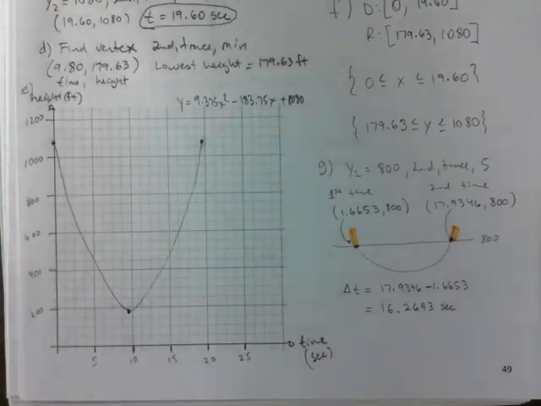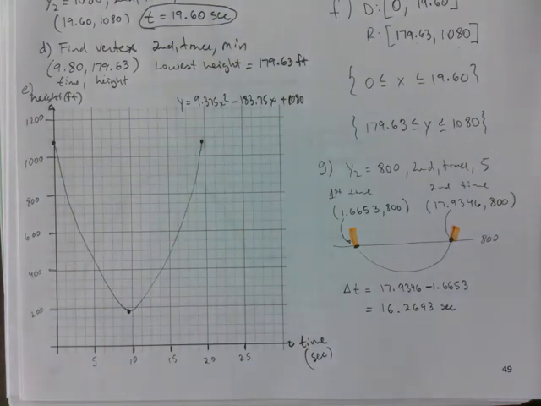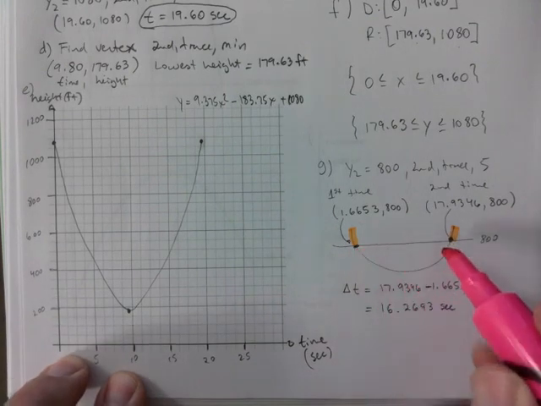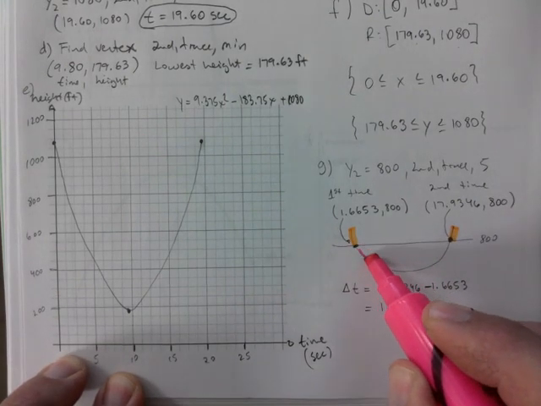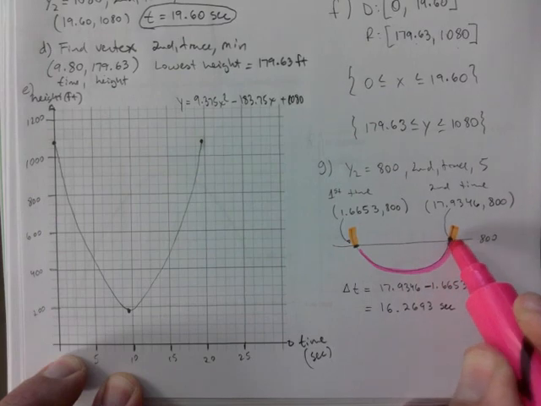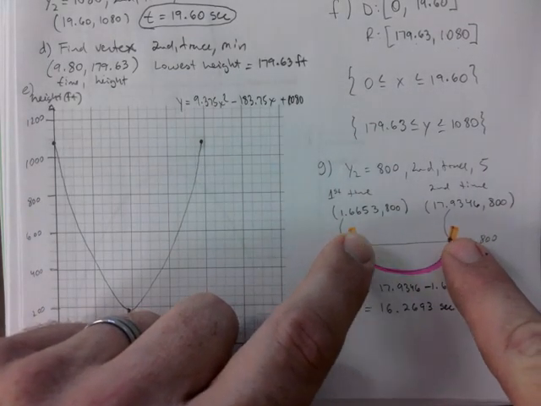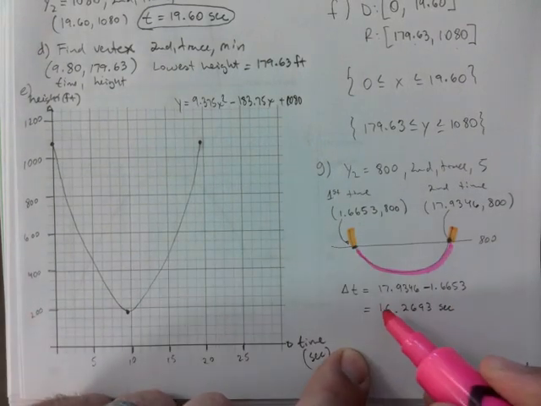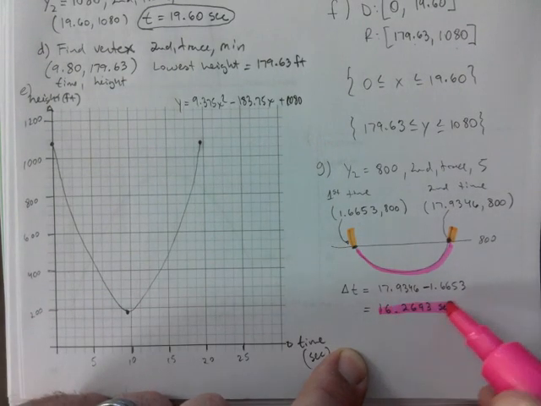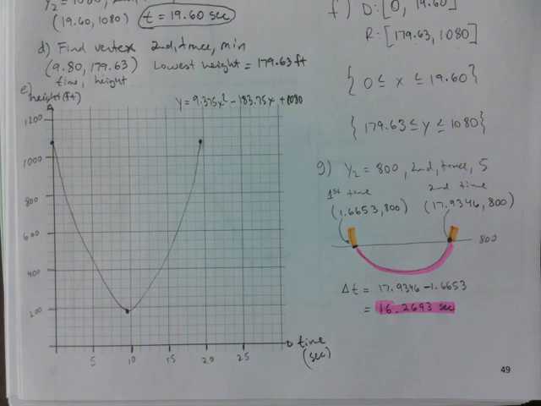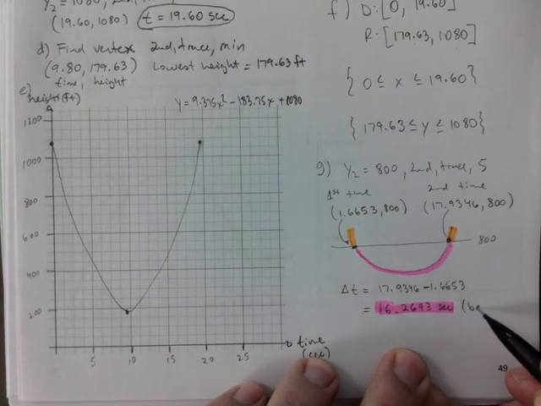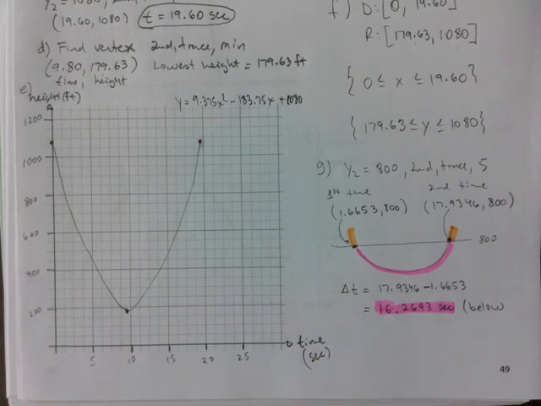Did you find above or below? Time above or time below? And the answer is, if you subtract these two, you're actually finding this chunk right here. Because you're saying, hey, this happened first and then this. So if you subtract these times, you are finding time below. This is below. But it's part of your answer though.